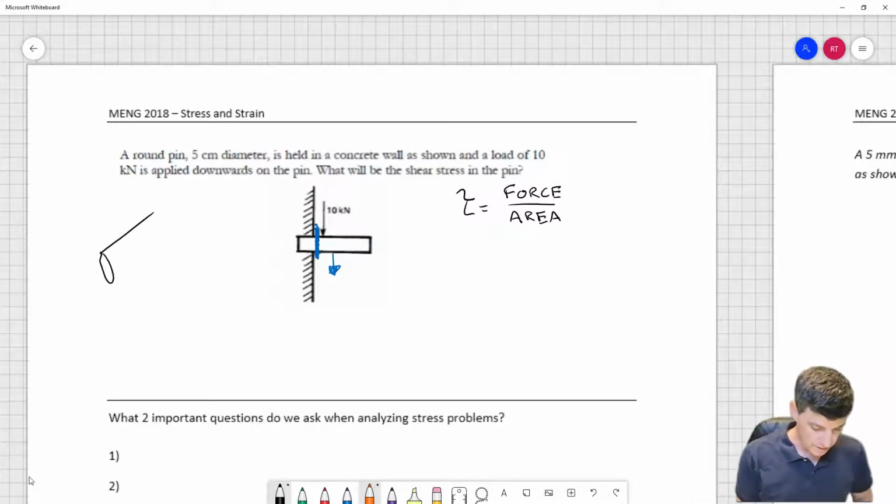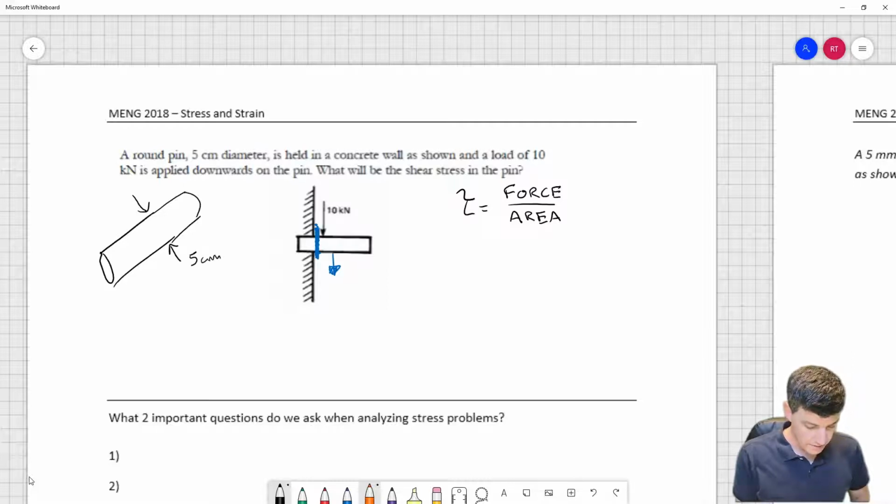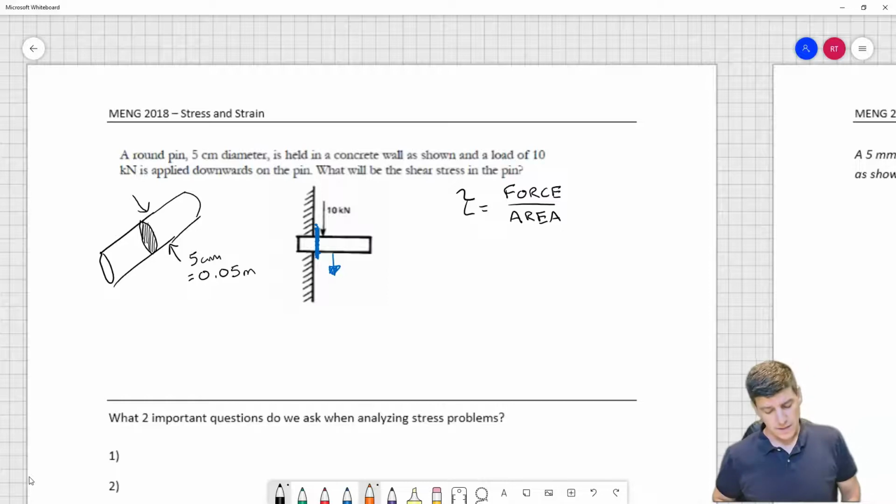So I'm just going to draw a little diagram again, and I know that I have a 5 centimeter pin, which is equal to 0.05 meters in diameter. And if this thing was to break, I know that it would happen because of shear stress that was acting on a plane that looks like that.